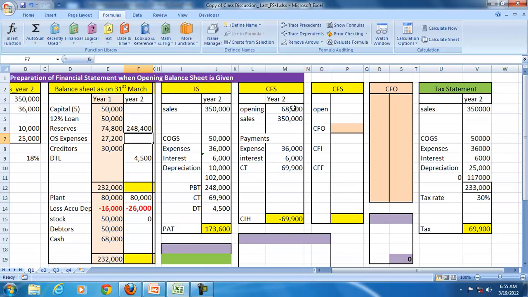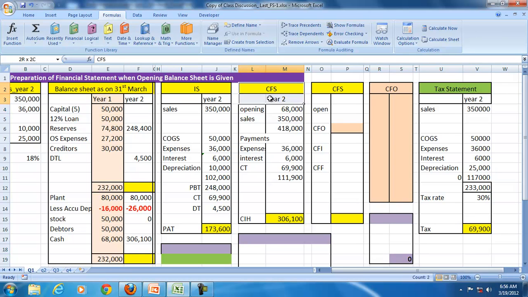Let us find the cash in hand. The cash in hand is equal to cash available minus the cash outflows, which is 306,100, and the cash in hand is shown as an asset on the balance sheet.